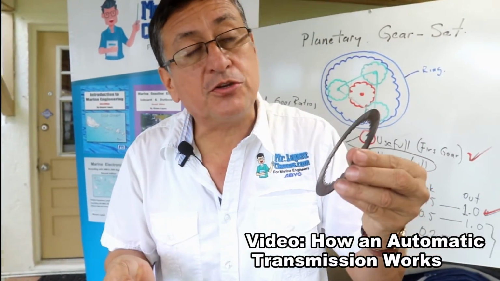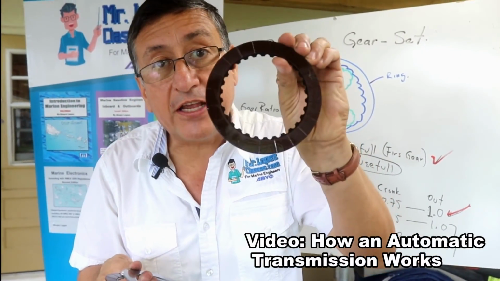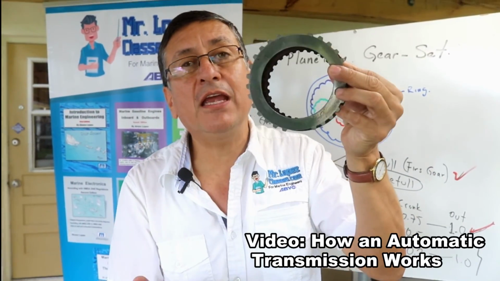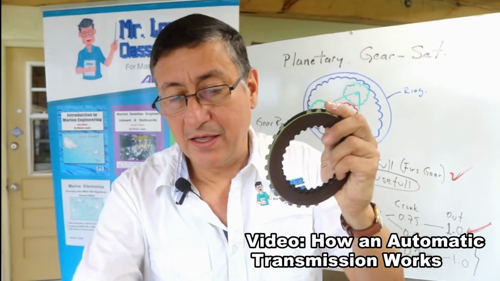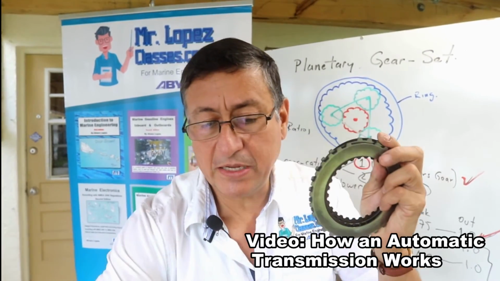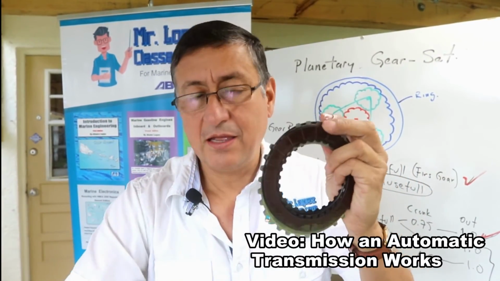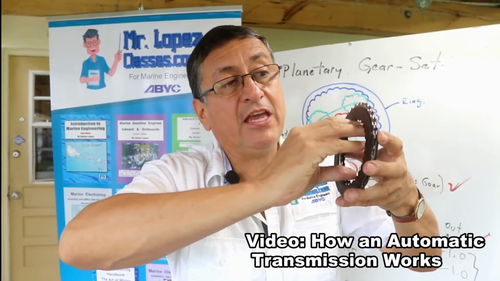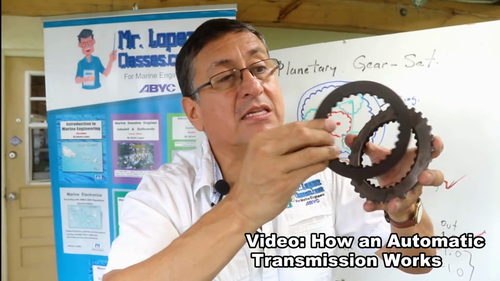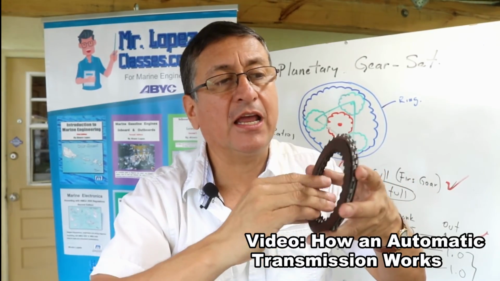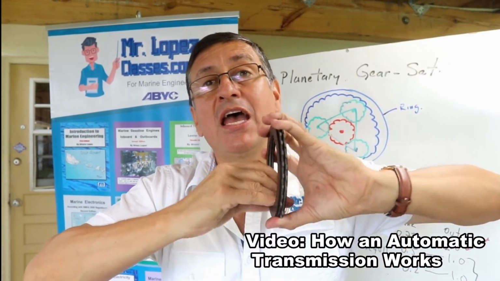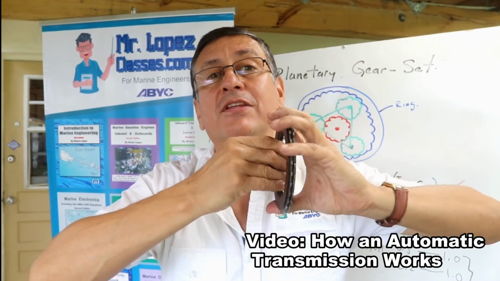You remember, in the clutch pack you have friction discs with the internal teeth, and stainless steel, friction material, stainless steel, friction material, stainless steel. In other words, in the clutch pack one shaft is connected with the internal teeth of the friction material, and the other shaft is connected with the teeth of the stainless steel plates.